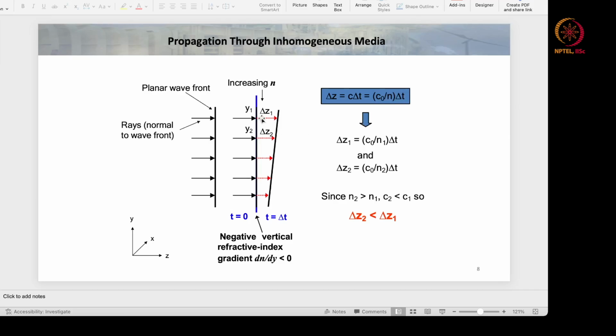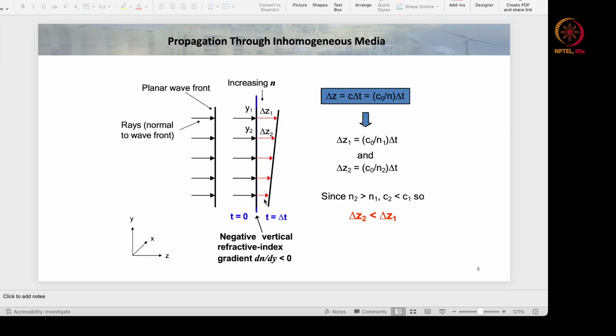Now, if we consider it for two rays, y1 and y2, you can see delta z1 is given by c naught divided by n1 times delta t, and delta z2 is given as c naught by n2 times delta t. Now, since n2 is greater than n1, because that's what we said, that the refractive index increases, that means the medium is lighter here, that means less density here and more dense here.